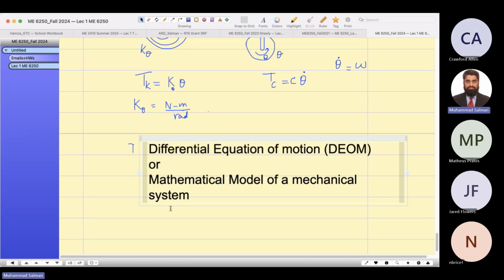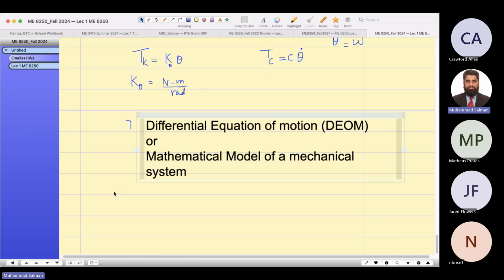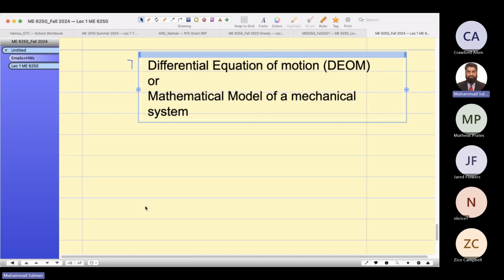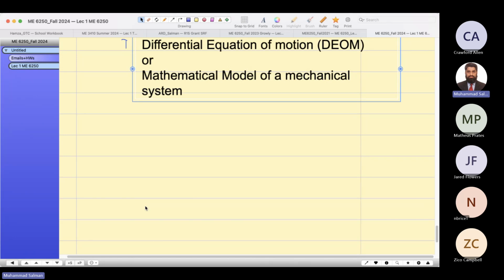Now we will talk in detail about mathematical modeling of different mechanical systems, like mass spring system, like a mass spring damper system, because if you understand mass spring damper system, then you can make a mathematical model of any structure, either car, aeroplane, a column, or simply supported beam, all these kinds of things.